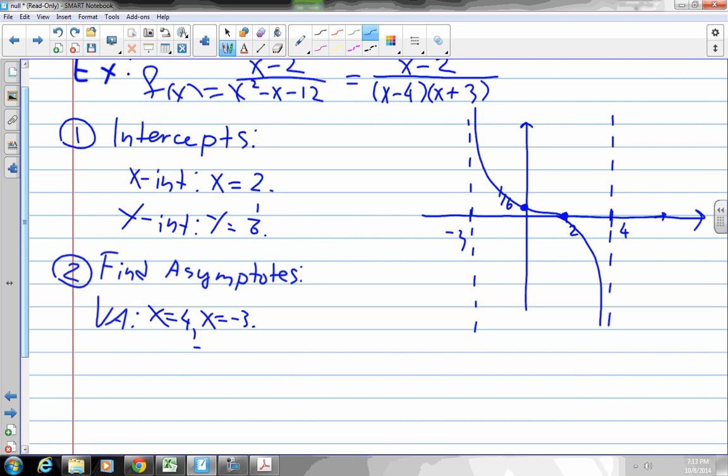What do you think? Is it going to go like that or like that? Based on what I just said 12 seconds ago, how do we know this option or that option?